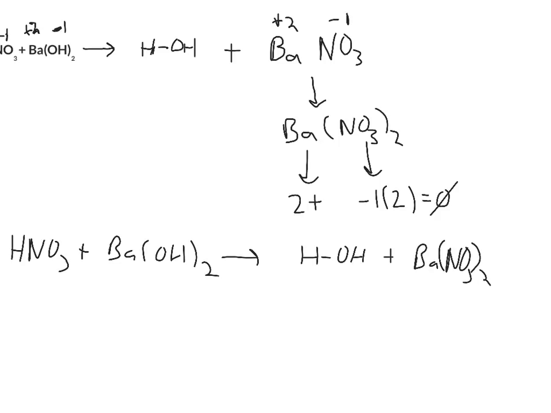I did not put the phases here, but nitrates are always soluble in water, so that would be aqueous. That is the correct formula for barium nitrate, but the equation is not balanced. The first step is you make sure your compounds are correct, then you balance your chemical equation.